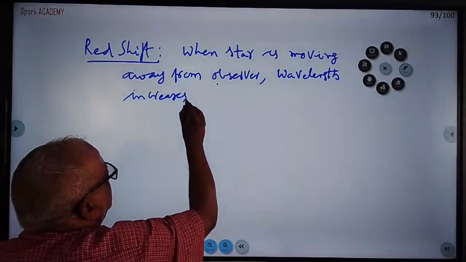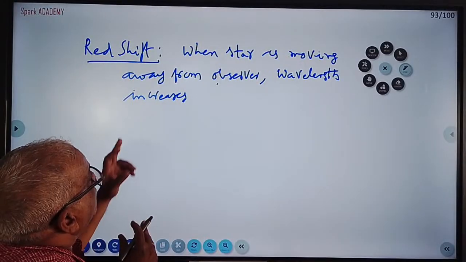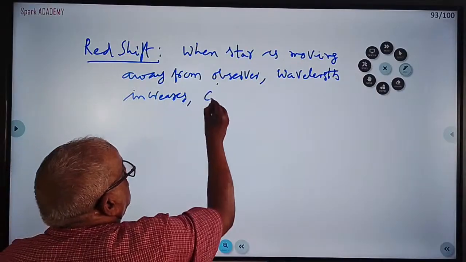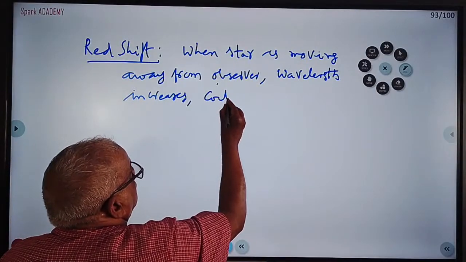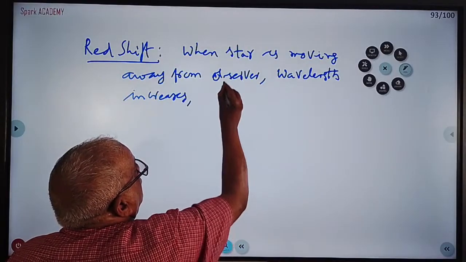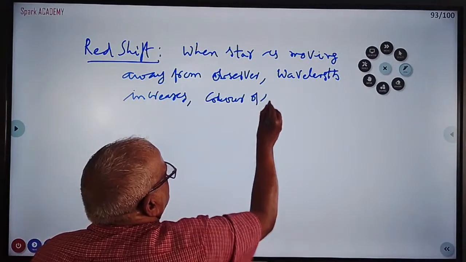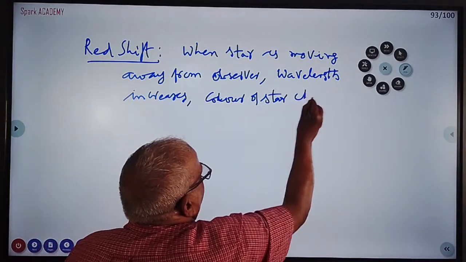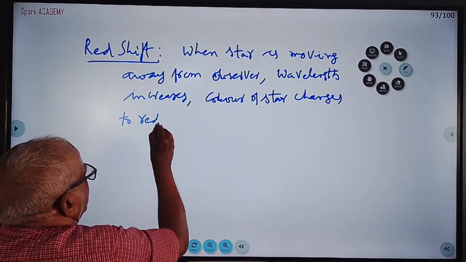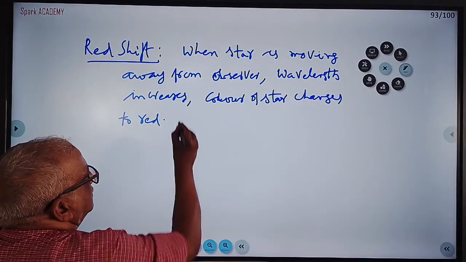That means frequency decreases. You need not write both. Whenever a star is moving away from the observer, wavelength increases, and the color of the star changes to red, by wavelength increasing from normal wavelength to red wavelength. This is called red shift.